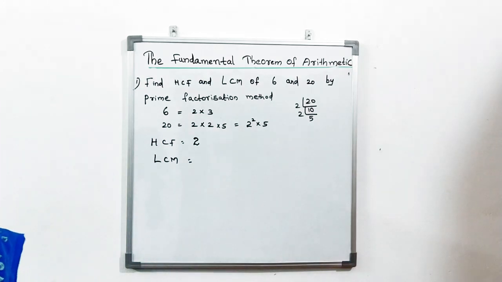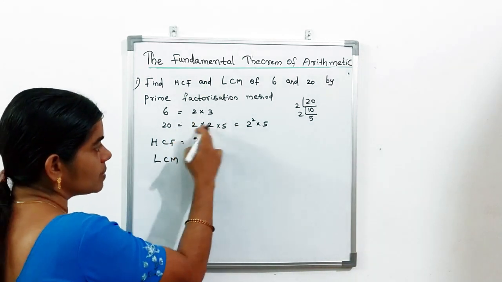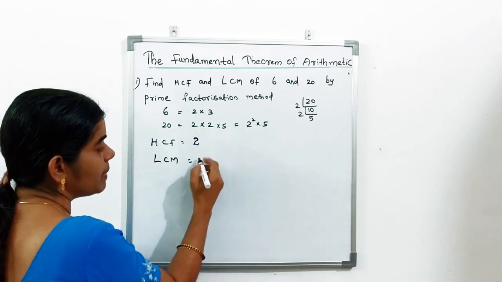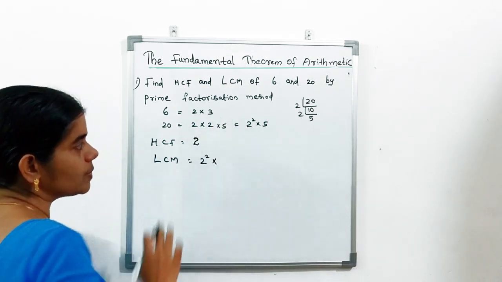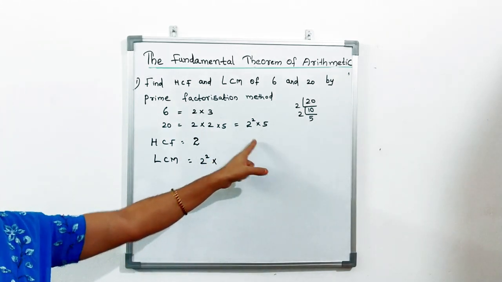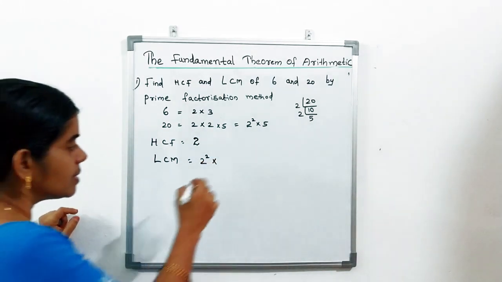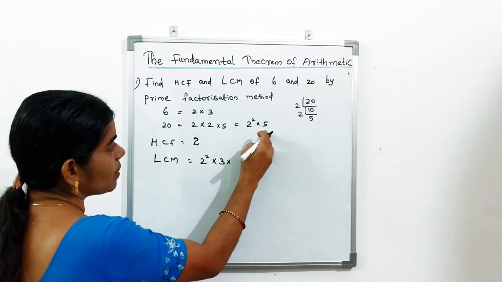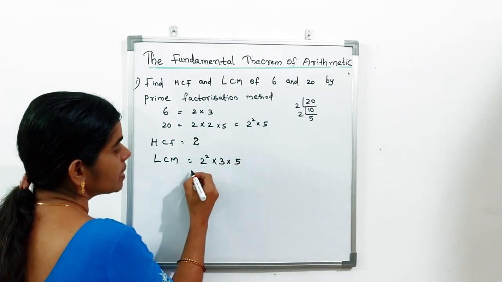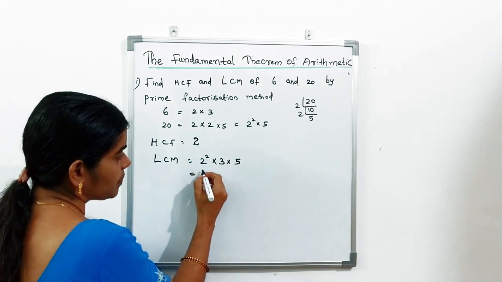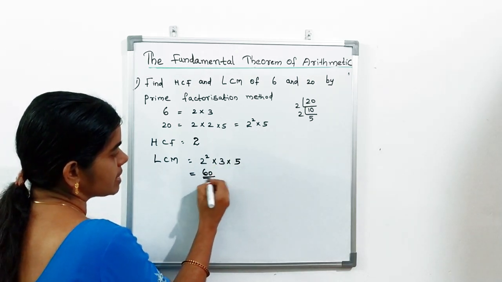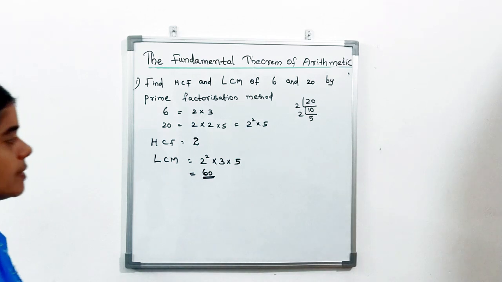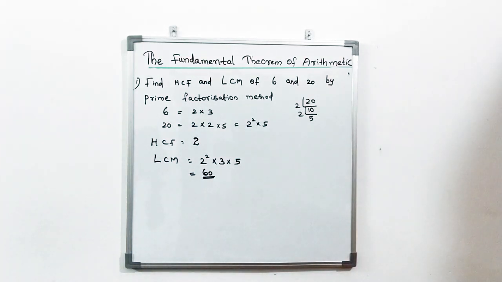Here 2, here also 2. The highest power will be 2 square. Then 3 only here. In the second number there is no 3, but you still choose that 3. Then 5 here only, that also you take. Then that will be the LCM: 4 into 15, that is equal to 60. Therefore, HCF is equal to 2, LCM is 60.